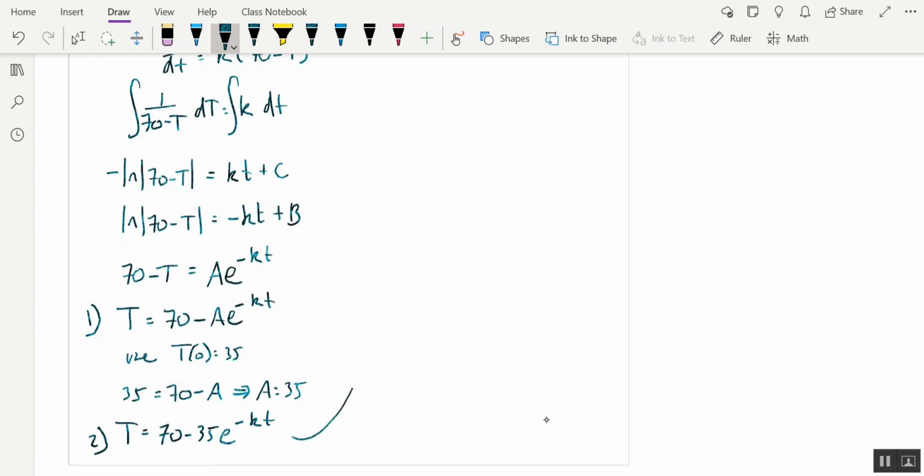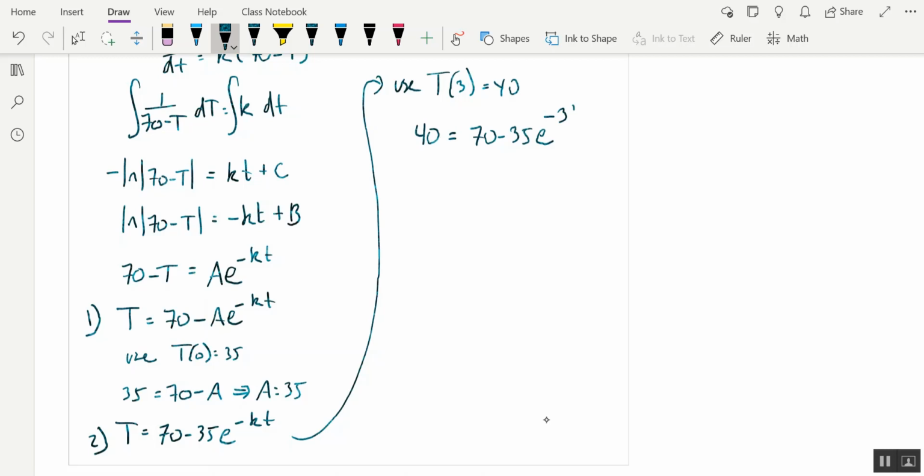So now we're going to find K. I'm going to come up here and use T of 3 is 40 degrees to find K. So on the left, I have 40, and on the right, 70 minus 35 e to the negative 3k.